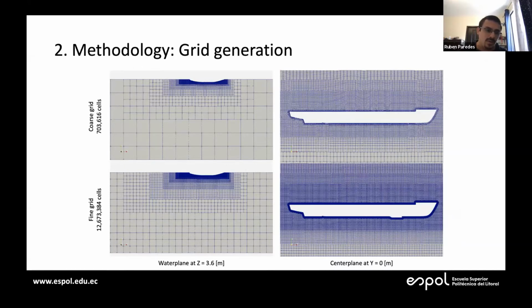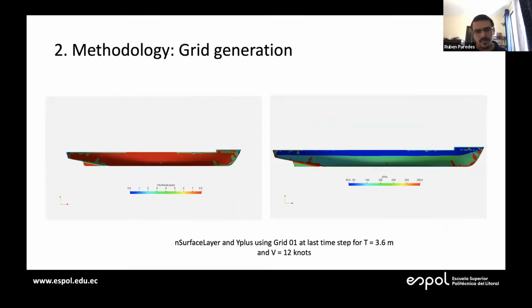The coarser one had 0.7 million cells, and the finer one has around 12 million cells. We checked that the prism layer mesh had some issues, especially close to the feature lines that we defined. Regardless, we expect that this has a lower impact on the estimation of the shear stresses.